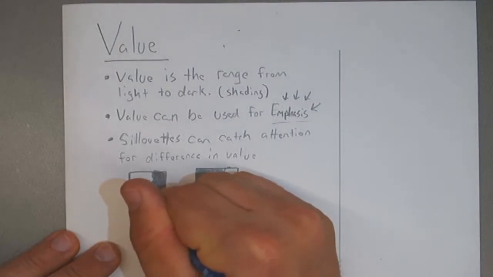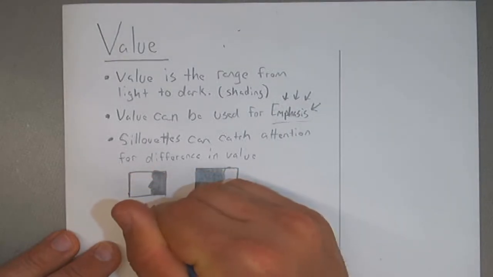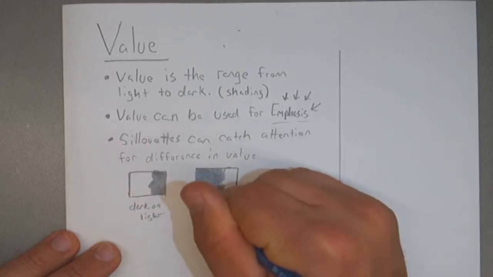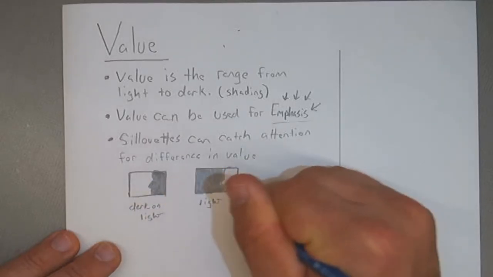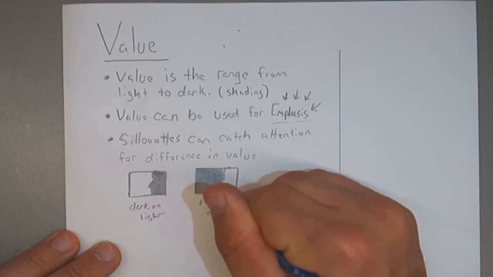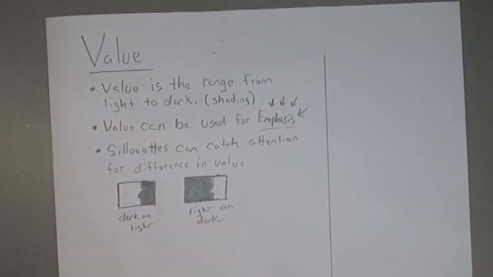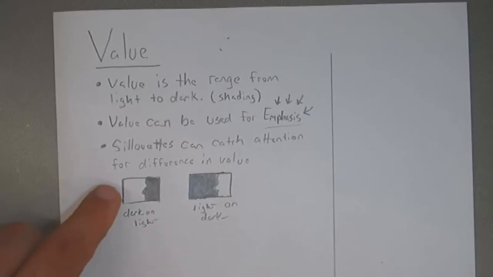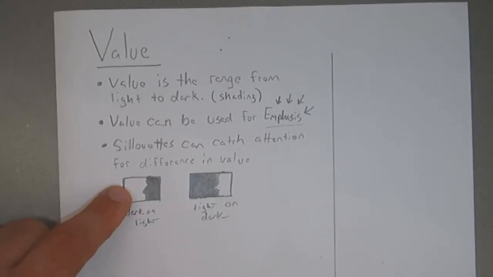Dark on light. Light on dark. A couple of silhouettes to show a difference. Our eyes tend to go straight to the white area. I notice the light area, I notice the white area first.